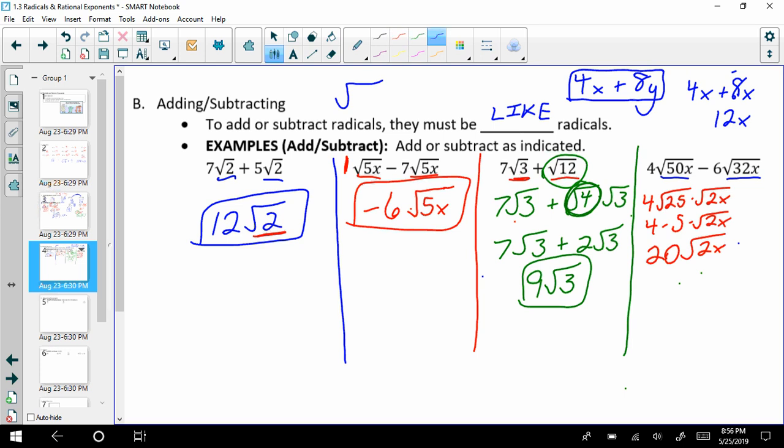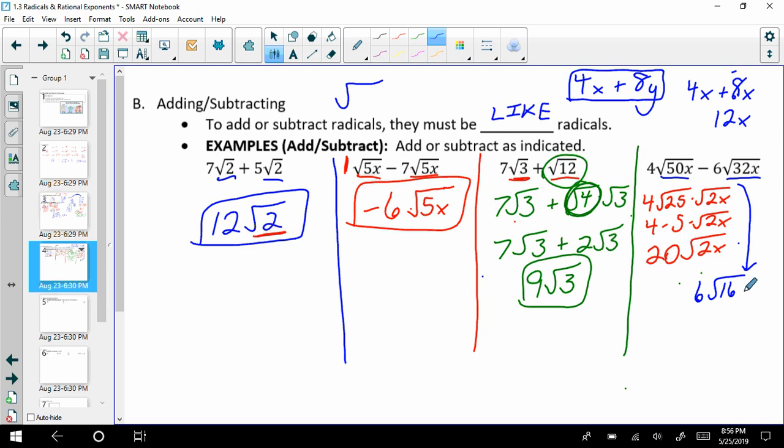Okay, now I'm going to do the back one here, and I think I'm going to have to write it down here because I'm running out of room. 32 is not a perfect square, but if I look at my list of perfect squares, I want to find the biggest red number that will divide into 32. You might say, oh, the perfect square of 4, but I'll tell you there's one higher than 4, and it should be the 16.